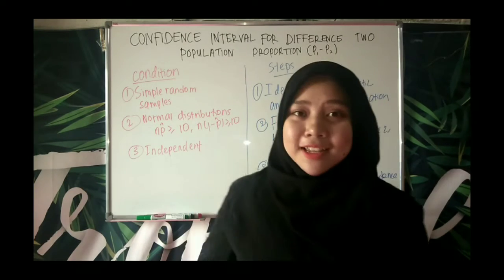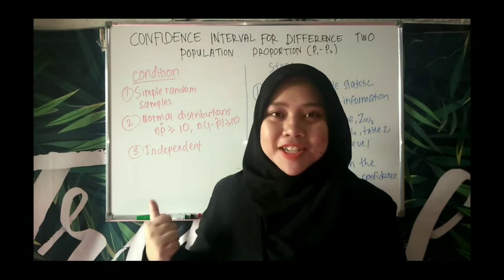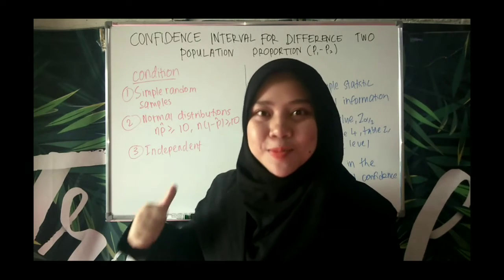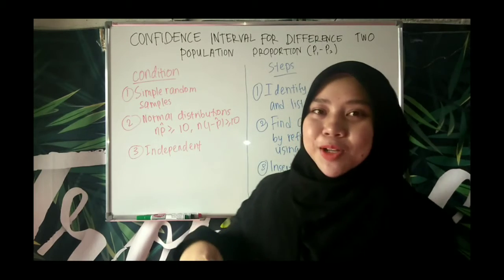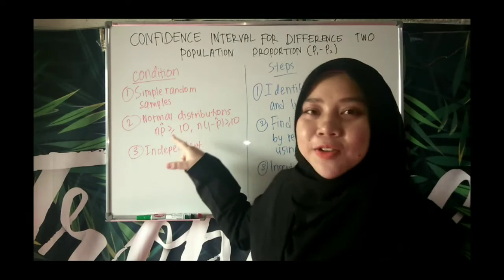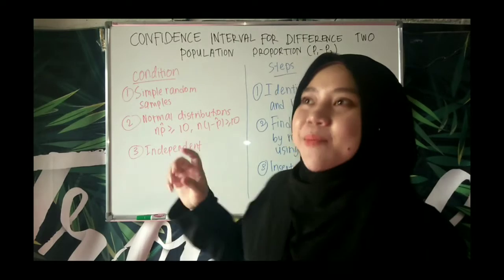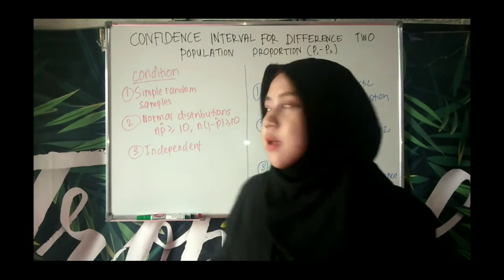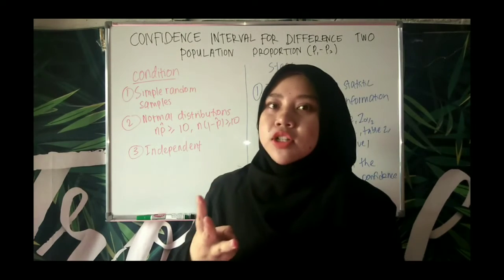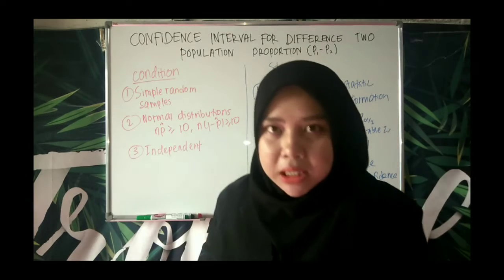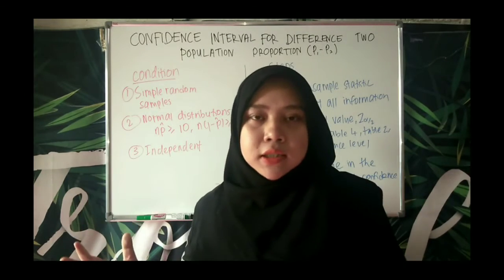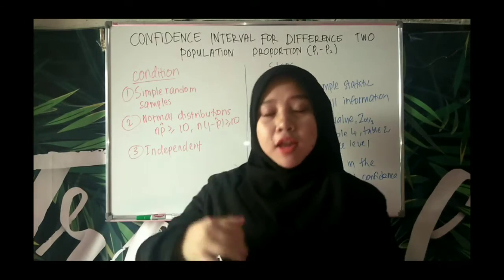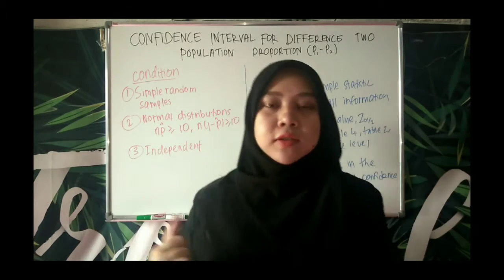The second is that the population is normally distributed, where the successes and failures must be bigger than or equal to 10. And the third condition is that the samples must be independent.